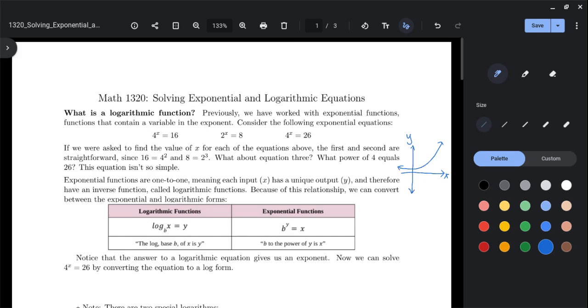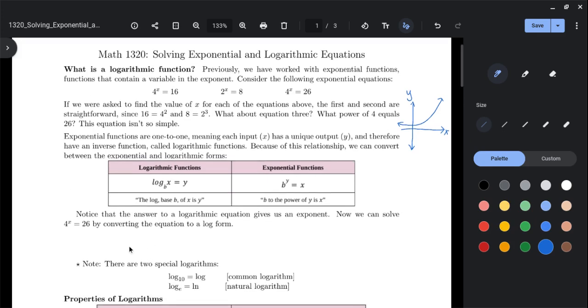So we can solve that problem of 4 to the x power equals 26 by converting it to log form. Let's go ahead and do that. I'm going to use different colors to help us see what part goes where. We have 4 to the x power equals 26. If I want to write this in log form using that table above, this can be written as log base, well, our base in our exponential equation was 4.